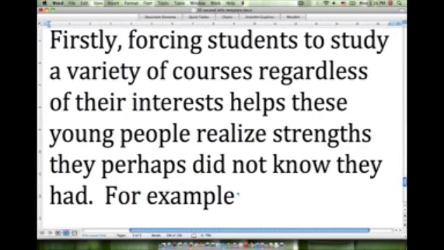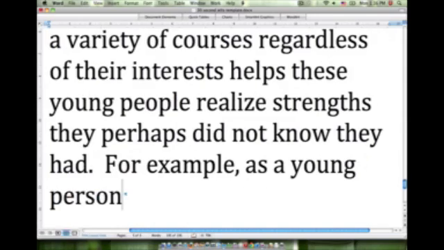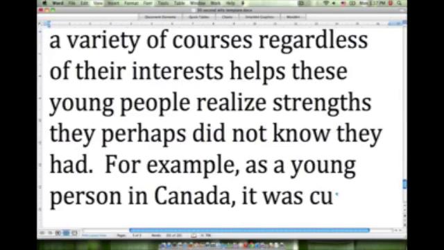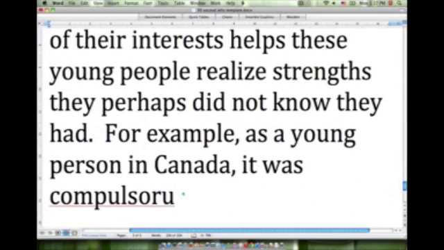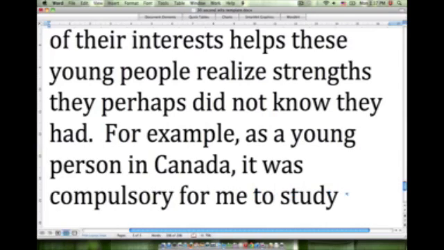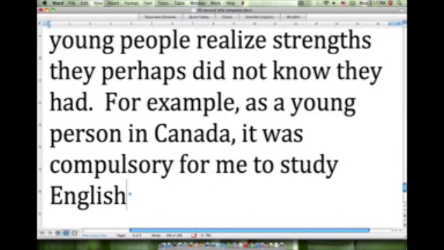So for example, as a young person in Canada, it was compulsory for me to study English writing.